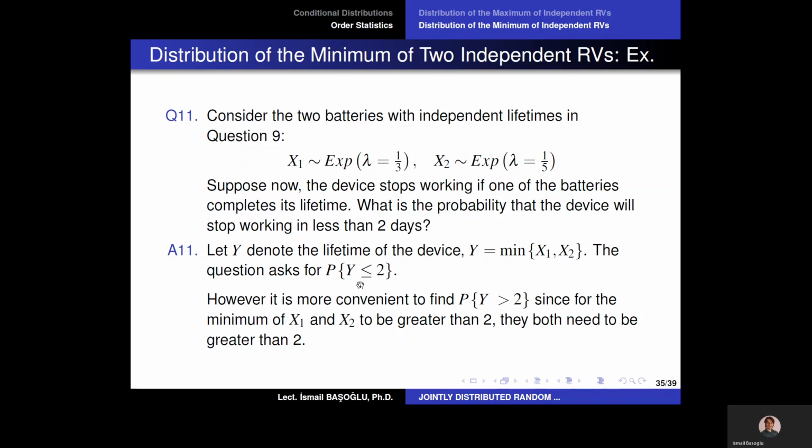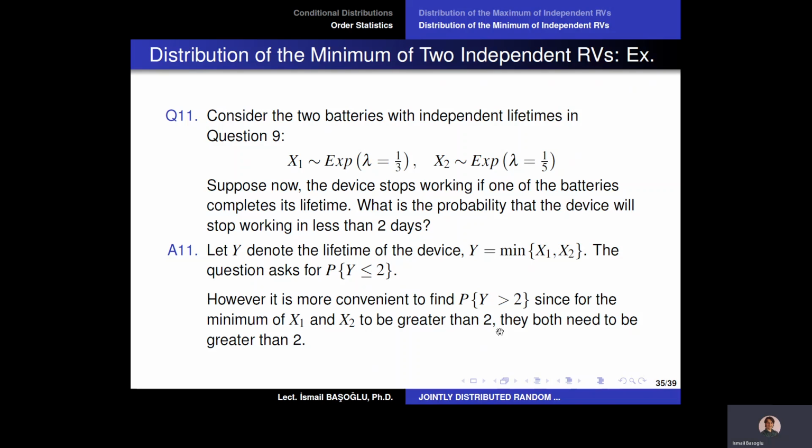Now, as we have done theoretically, trying to find the probability of Y being less than or equal to 2 directly is not very practical. So we are just going to find the tail probability, the probability of the lifetime of the device being greater than 2, because the minimum of X1 and X2 being greater than 2 requires both of these random variables to be greater than 2.